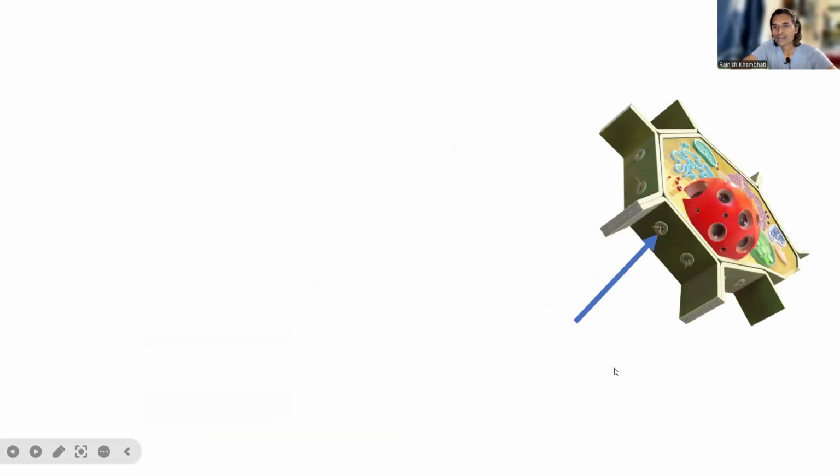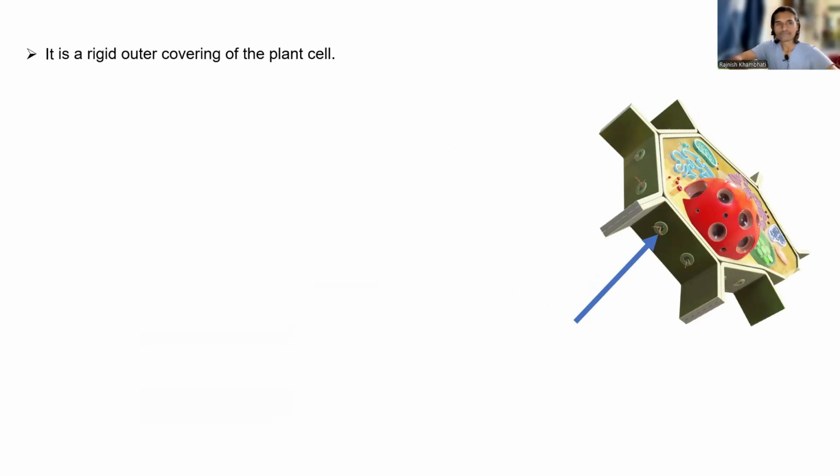Let me clear the drawing. Now, what do you see? This structure is the rigid outer covering of the plant cell, which is called the cell wall. It's a rigid structure. Inner to the cell wall, the plasma membrane is present.